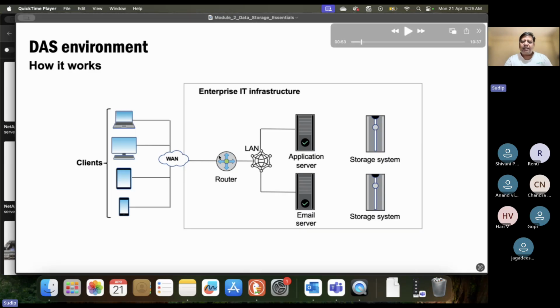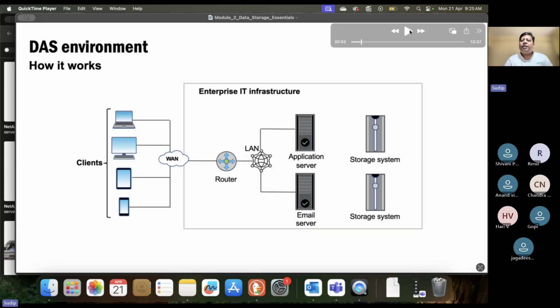A router is symbolized by this four-cross symbol. Effectively, there are various end users like you and me connected over the internet. From the internet, depending upon the IP address and everything, it gets connected to this respective data center through a router, and the router routes the data packets or the request over a LAN to the respective servers.